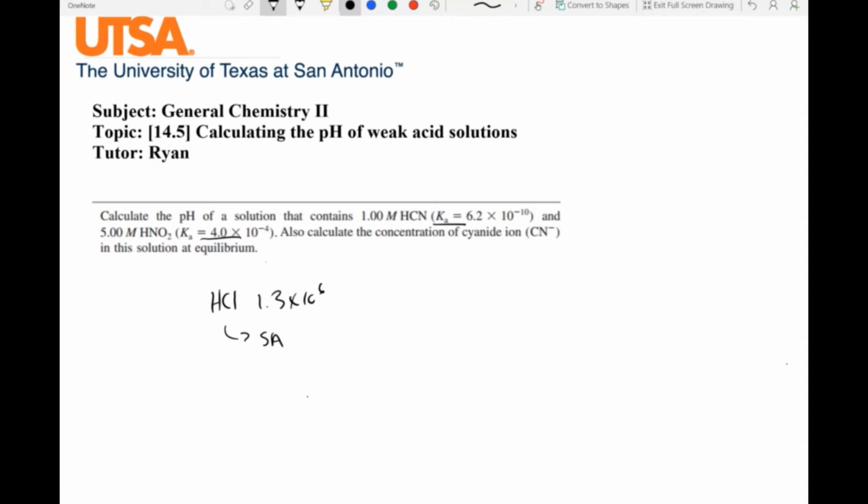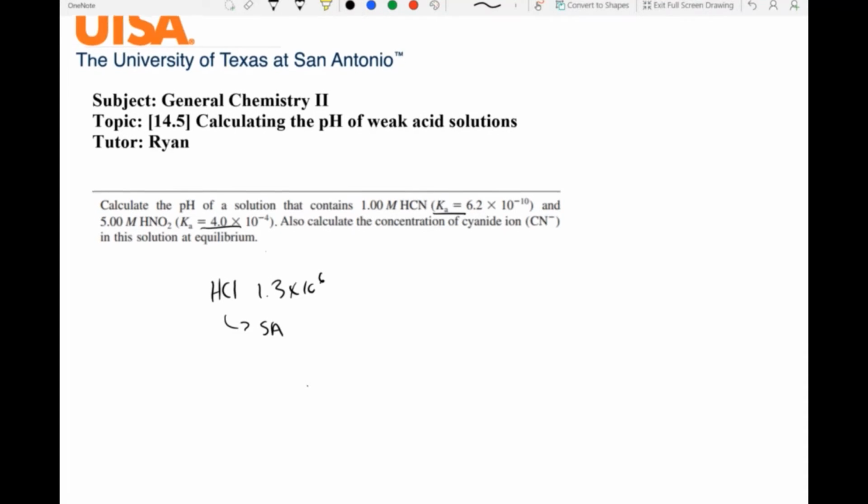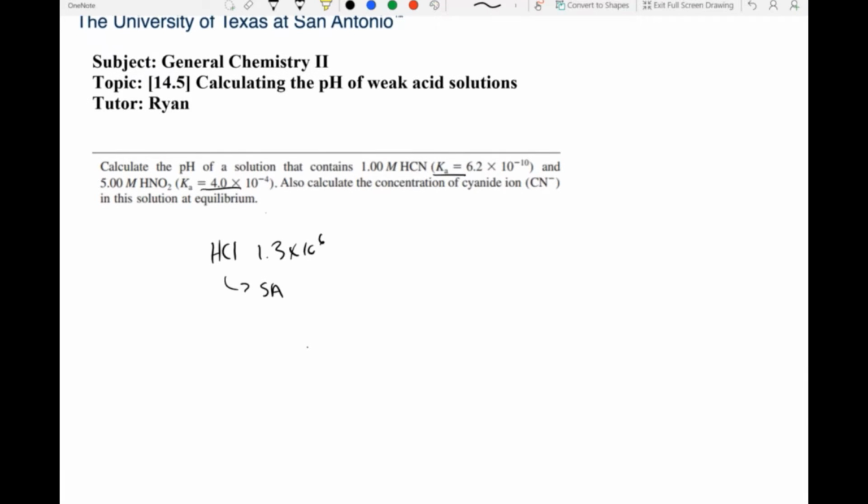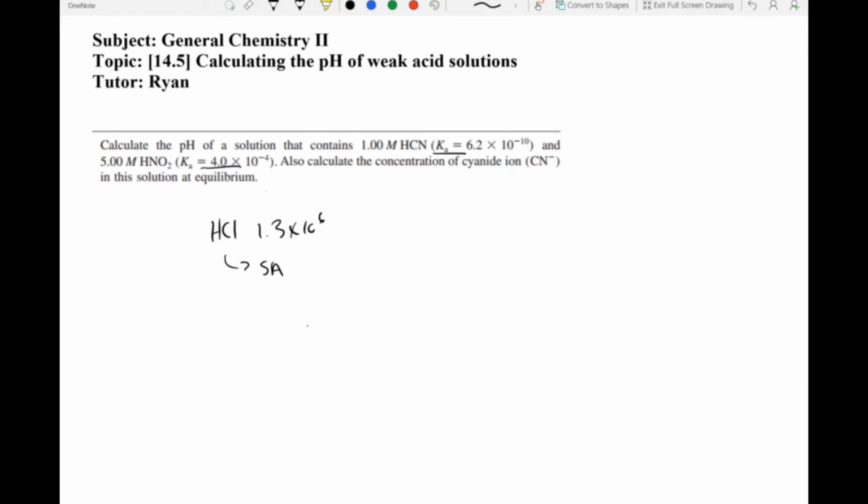Okay, so the first thing we're going to do here, now that we said that HNO2 is a stronger acid than HCN by looking at their K values, now we want to calculate the pH of the solution, and we're going to do so by looking at HNO2.